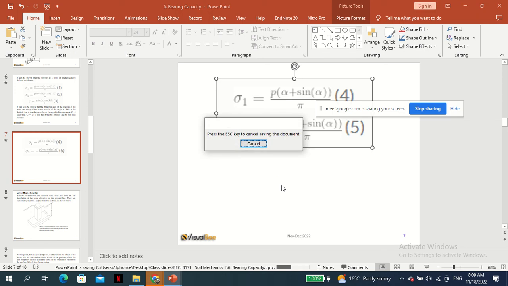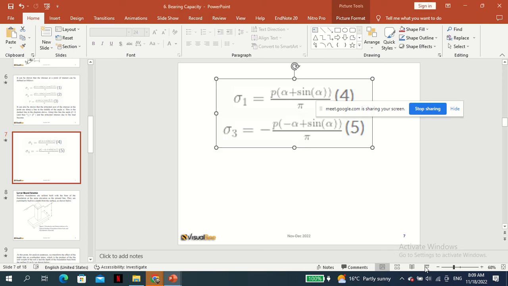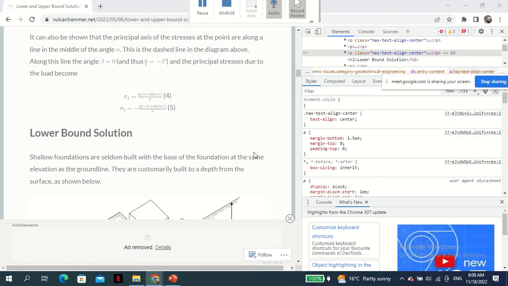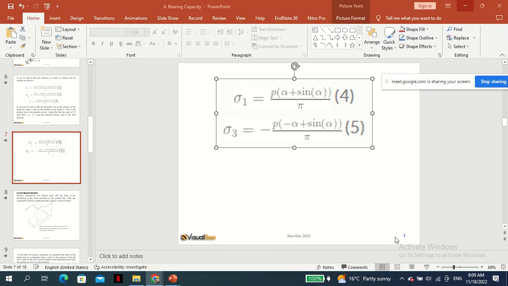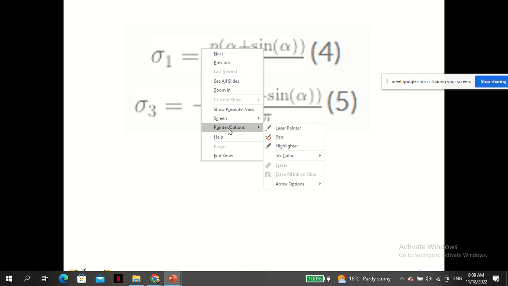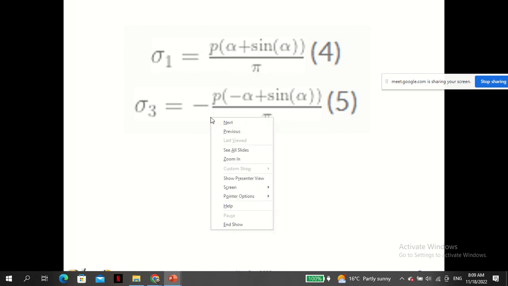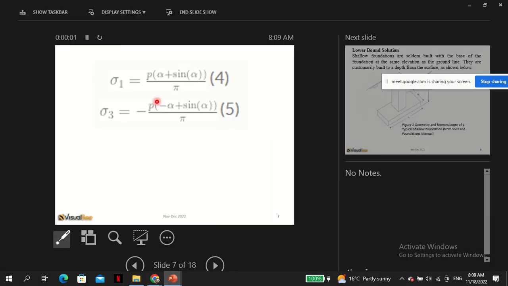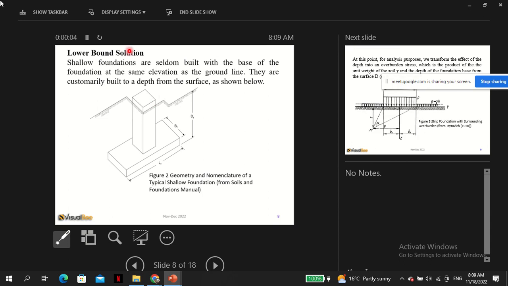So now we go into the details of the actual layer bond theorems. As shallow foundations are seldom built with the base of the foundation at the same elevation as the ground line, they are customarily built to a depth from the foundation as shown.